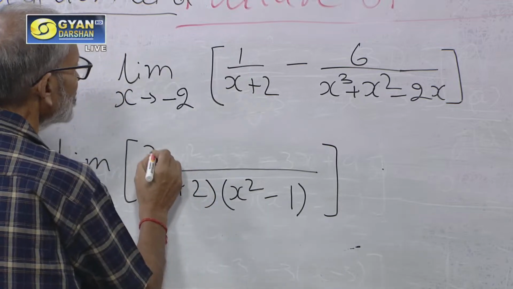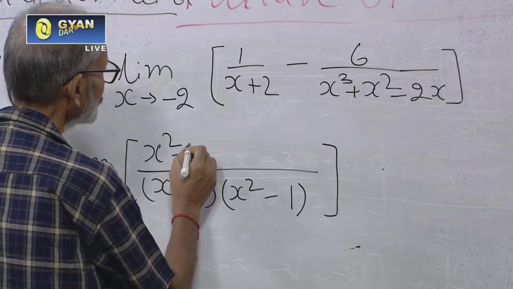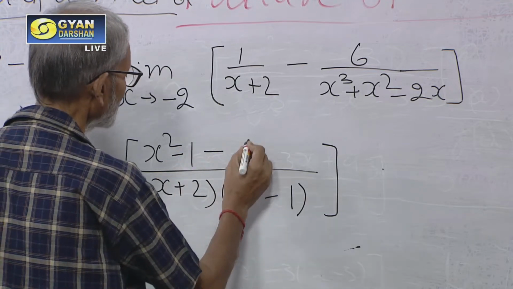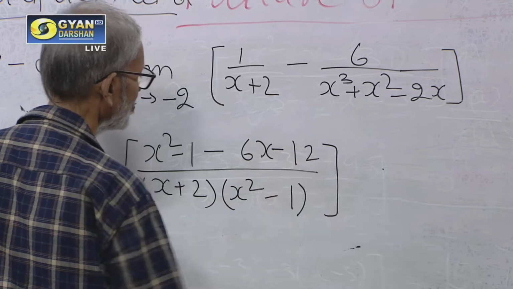So here it will become x square minus 1 minus 6x minus 12.